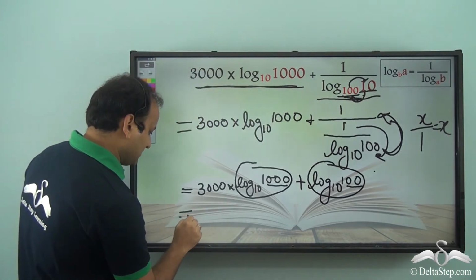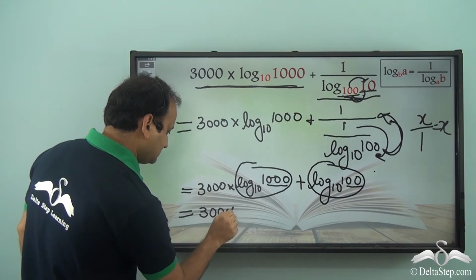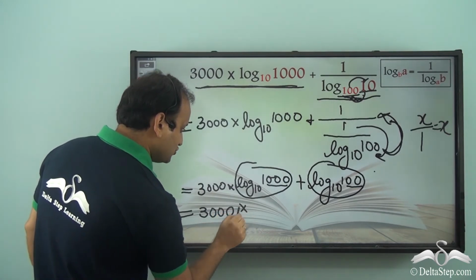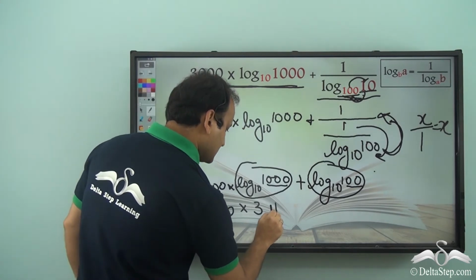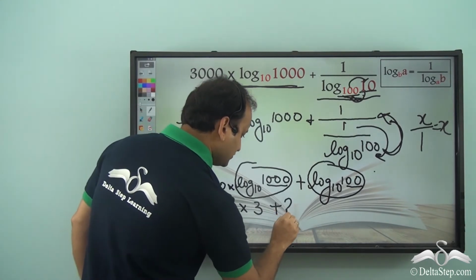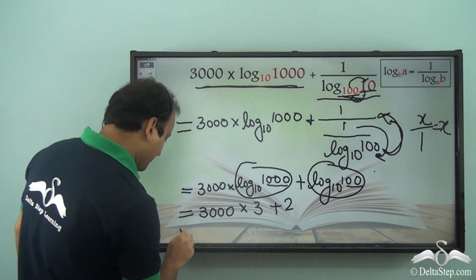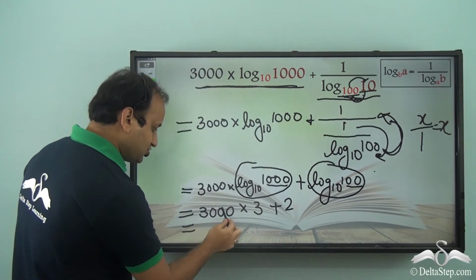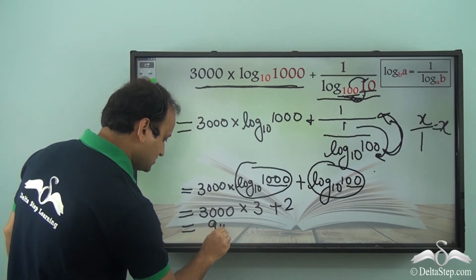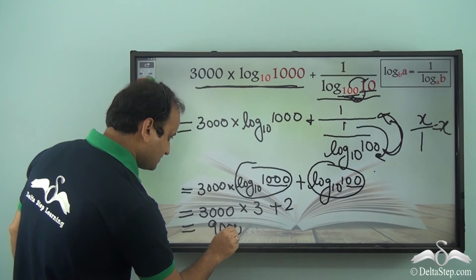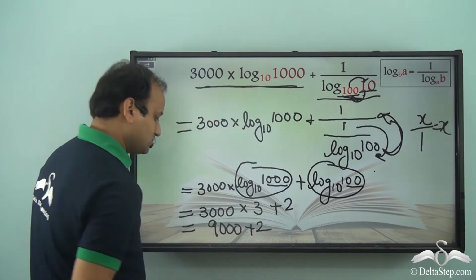So we can write the simplified version as 3000 into 3 plus 2, isn't it? So finally we'll have 3000 into 3 is nothing but 9000 plus 2.